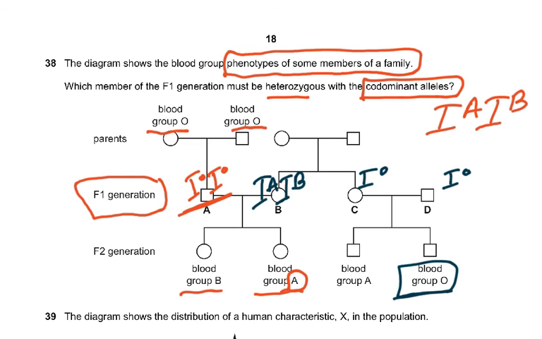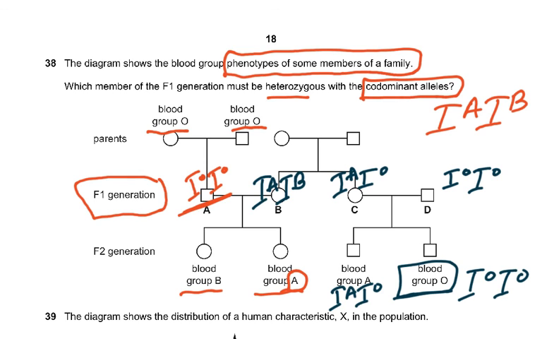So one of the parents has to give them IA. And so this parent is probably IO because the O group is IO and this blood group A is IAIO. So you see, out of A, B, C, and D, only B is the possibility who has the blood group with the codominant allele. This is how you do this question.